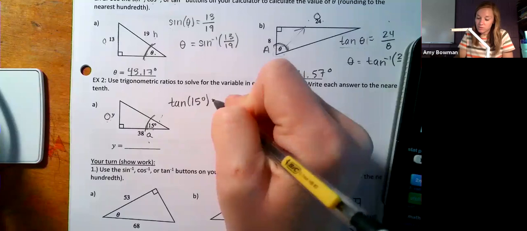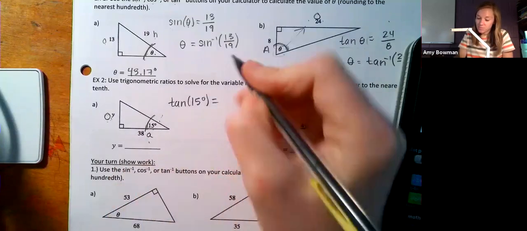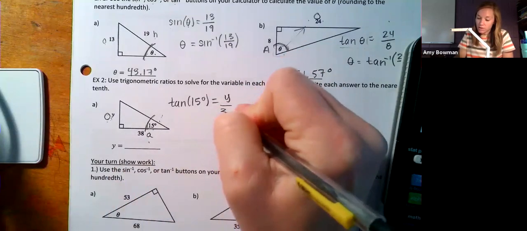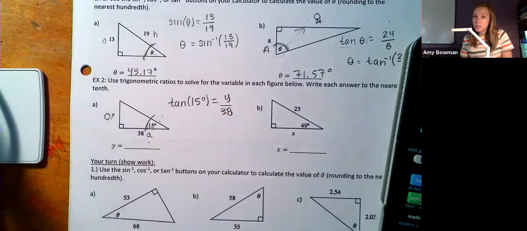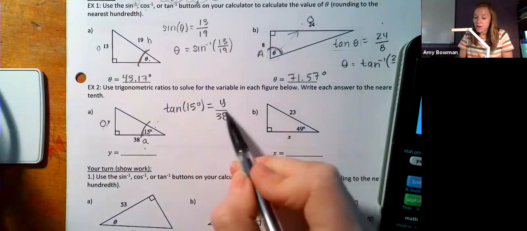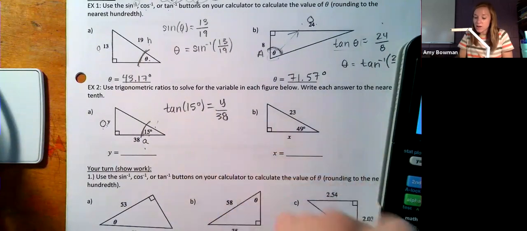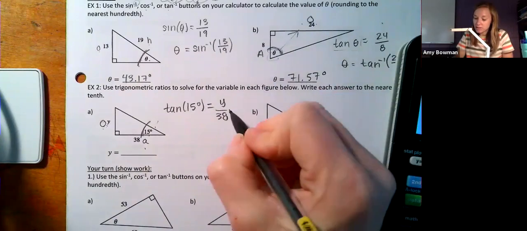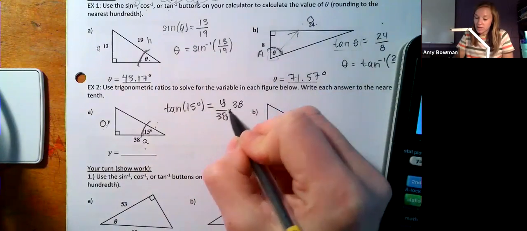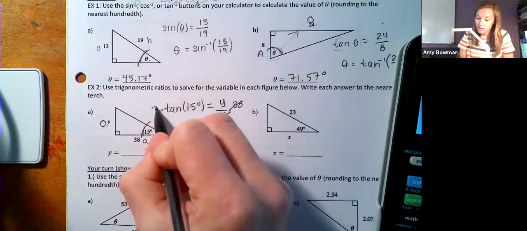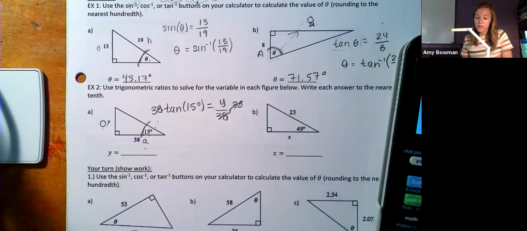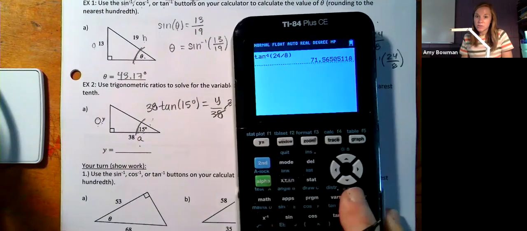The tangent of 15 degrees equals opposite y over 38. Now I just need to solve for y. Right now y is being divided by 38, so to undo that, I multiply both sides by 38. So all I have to do is use my calculator.